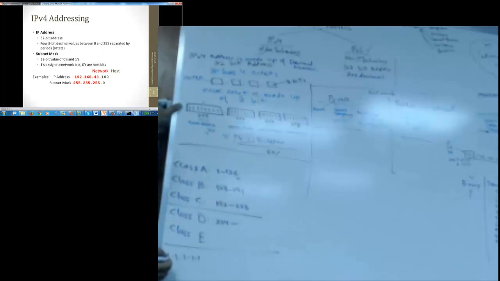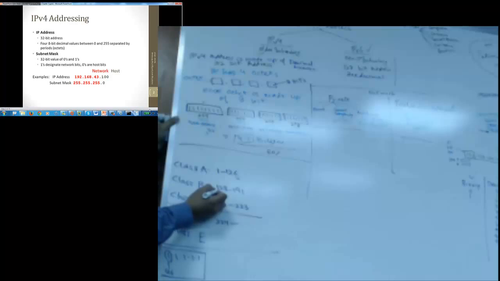These are all based on the first number. So any IP address that starts from 1 and goes to 126 is known as a class A IP address. And any IP address that starts from 128 and goes on to 191 is known as a class B IP address.